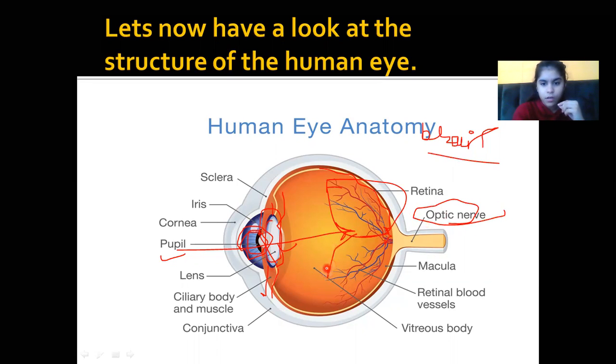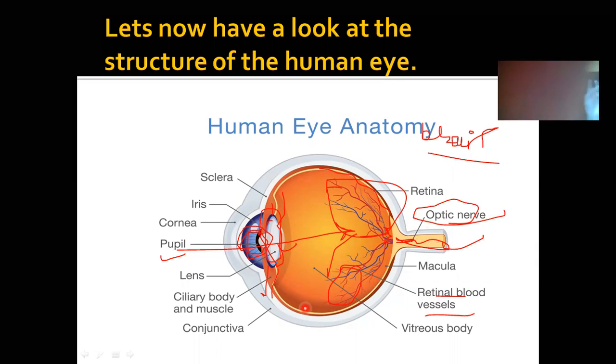This is your optic nerve, and these are your retinal blood vessels. And there are two major liquids that are found in your eye.